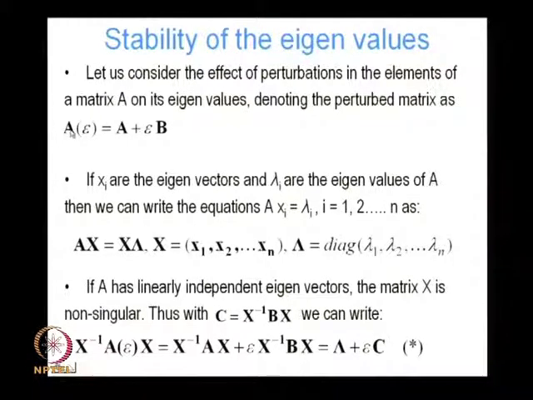So X inverse A epsilon X is going to be X inverse A X plus epsilon X inverse B X. But X inverse A X is nothing but lambda, my diagonal matrix. So lambda plus epsilon X inverse B X, and I defined X inverse B X equal to C. So X inverse A epsilon X is equal to lambda plus epsilon C.